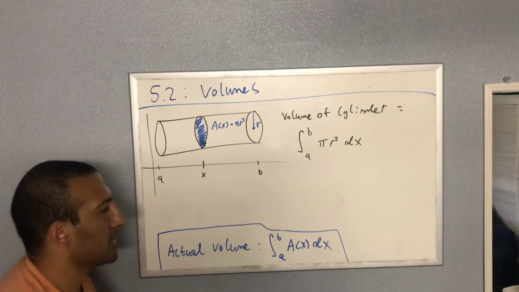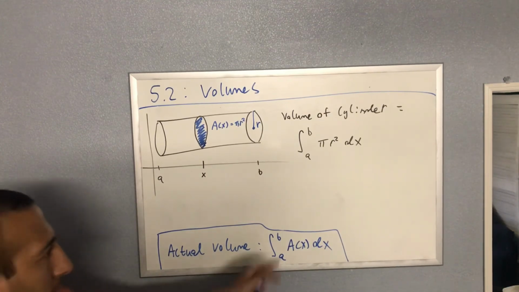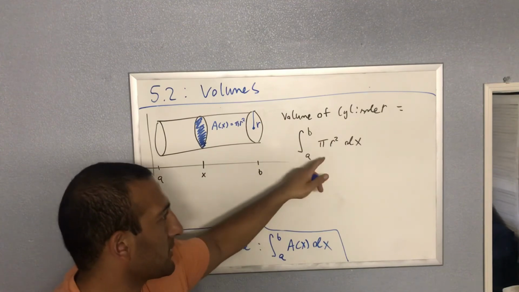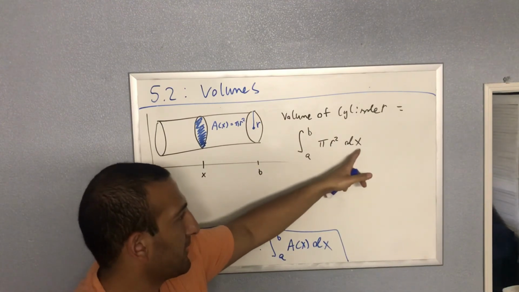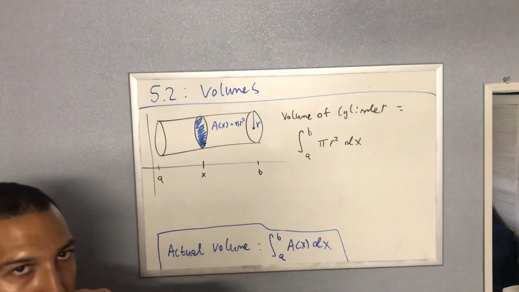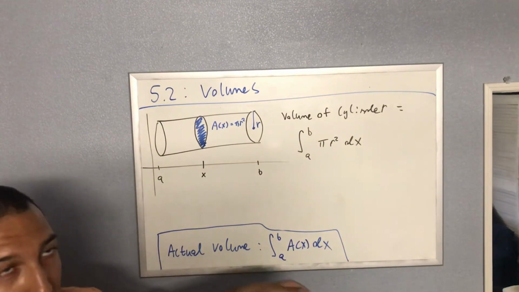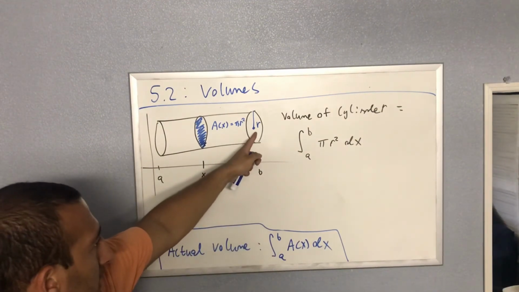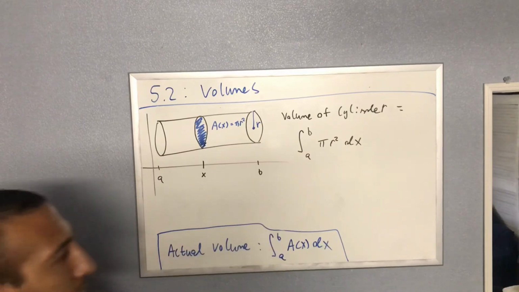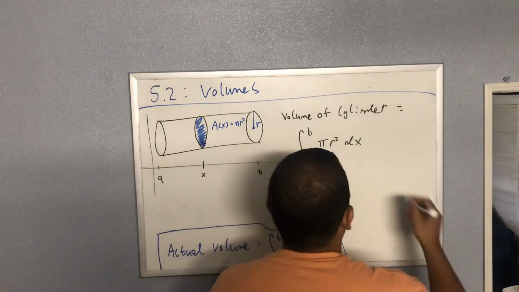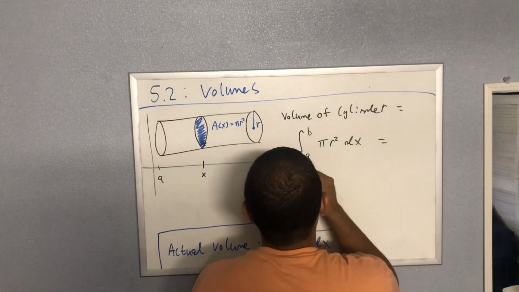Now notice that these are just constants. Pi is a constant, and in terms of the variable x, r is just some fixed number too. The radius never changes on the cylinder. And so you can pull these out as a constant.